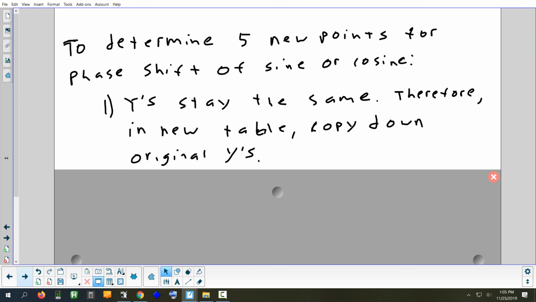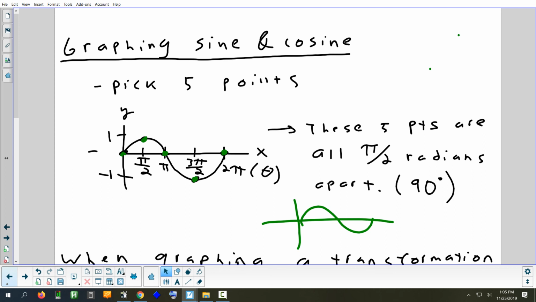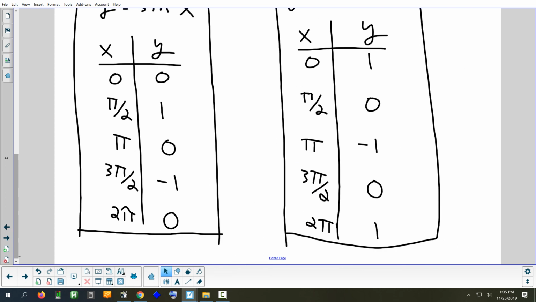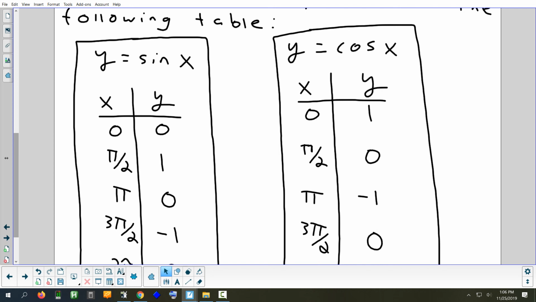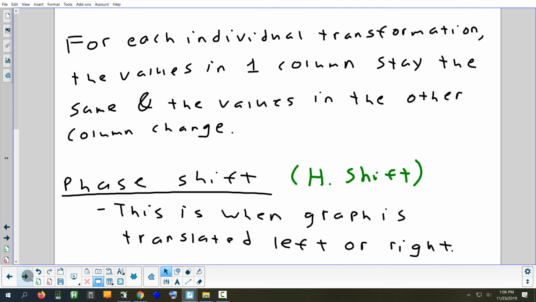We're going to do one thing per problem, so your y's would stay exactly the same. When I say they stay the same, I mean go back to this table and copy down the y values. Which table would you use? Depends. If it's a sine problem, use the table on the left. Cosine problem, table on the right.